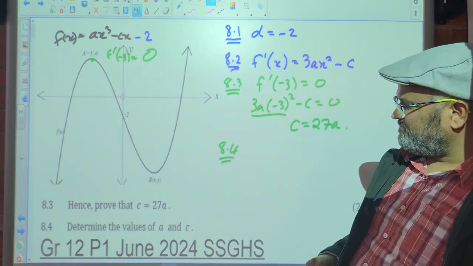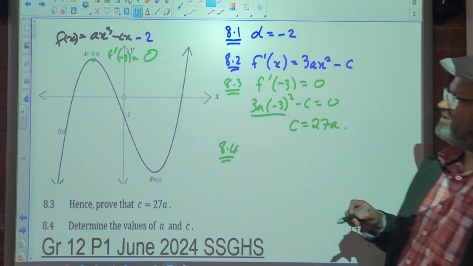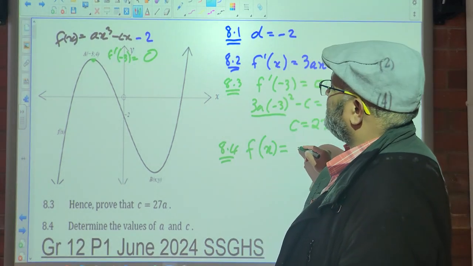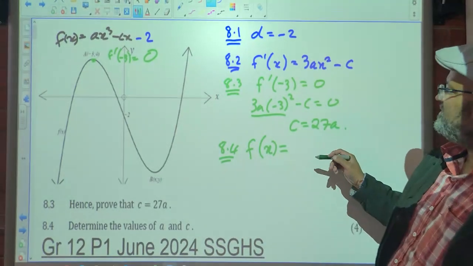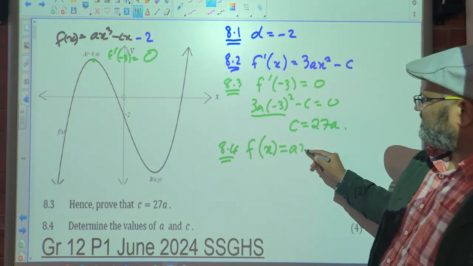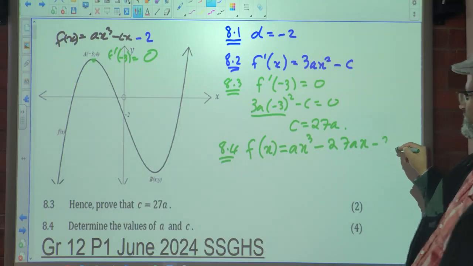8.4 says, determine the value of a and c. So my equation now reads f of x is equal to a, I'm going to keep a and change c: ax cubed minus 27ax minus 2.